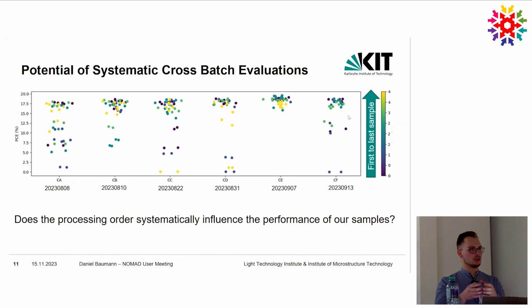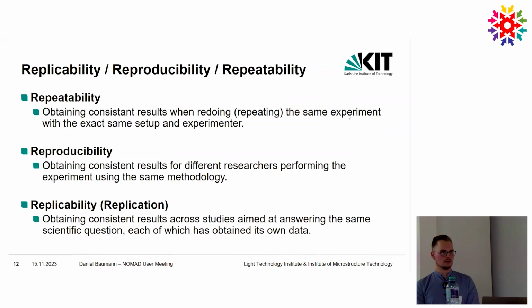Because in this small spin-coated geometry, one could imagine that the solvent atmosphere changes over time from the first to the last sample. However, we can, from this experiment, for example, see that this is not the case. And two, three more points I want to make.